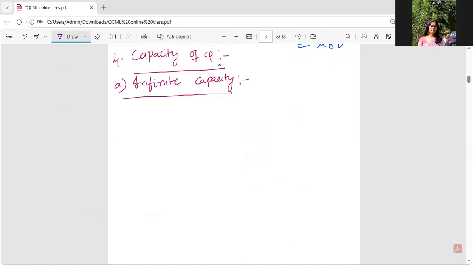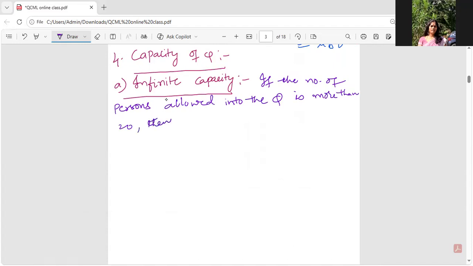Infinite capacity: if the number of persons allowed into the queue is more than 20, then the queue is said to be infinite.